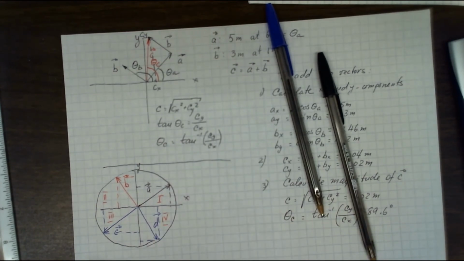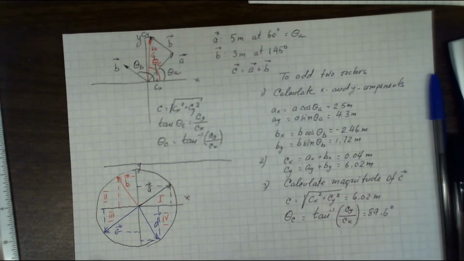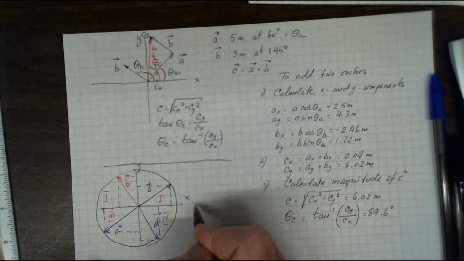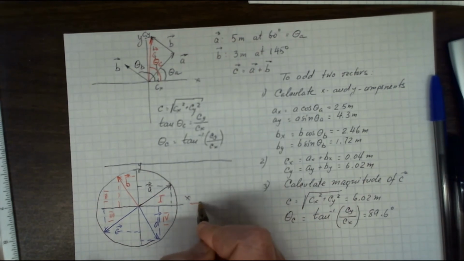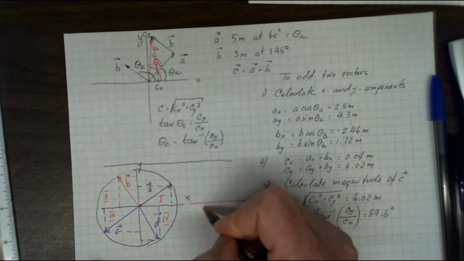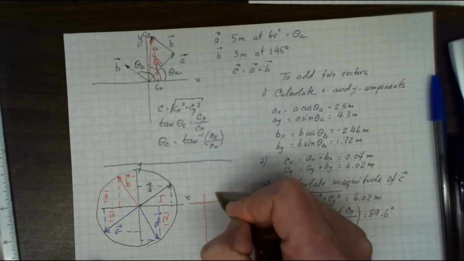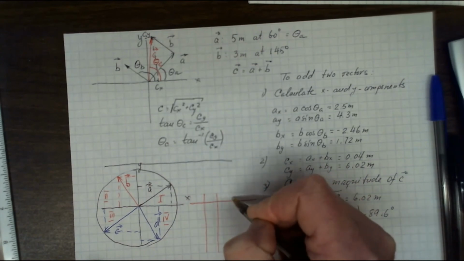So, depending on where your vector is, and it's really easy to determine, you just look at the components. Your calculator will give you either positive or negative number, and I will summarize how to deal with that in this little table.